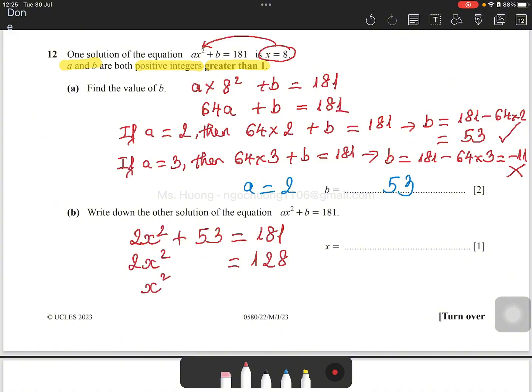Now I'll divide both sides by 2. 128 divided by 2 is 64. So x can be 8 or x can be negative 8, because these two numbers squared give you the answer of 64. So we have one solution of 8 already. Then the other solution is x equals negative 8.